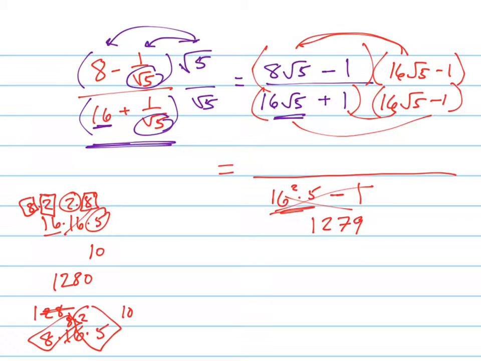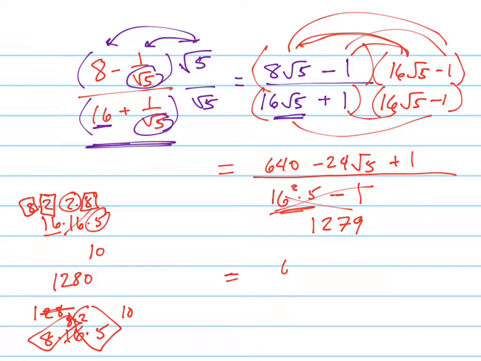Got it? So it's 640. See how I'm doing like mental math that way? And then this and this are going to be negative 16 root 5 and negative 8 root 5. So it's negative 24 root 5. And then we just have a positive 1. So it equals 641 minus 24 root 5 all over 1279.